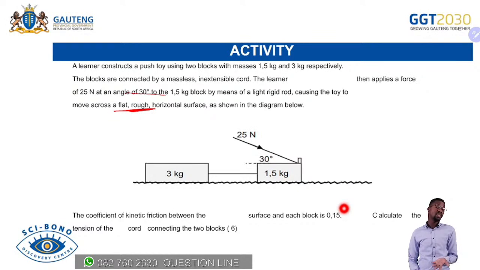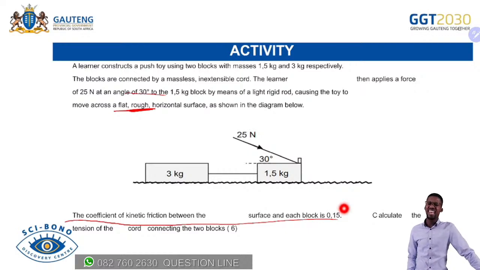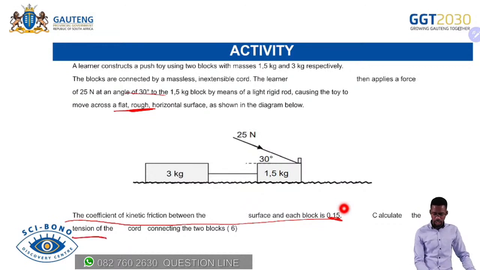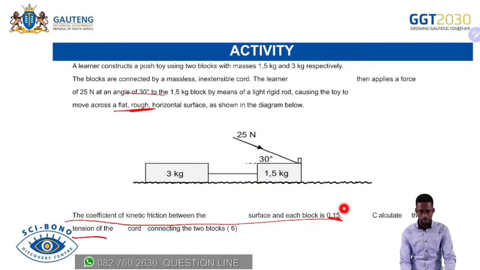So it tells us that we have presence of friction. The coefficient of kinetic friction between the surface and each block, both blocks experience friction, is 0.15. Calculate the tension of the cord, 6 marks.